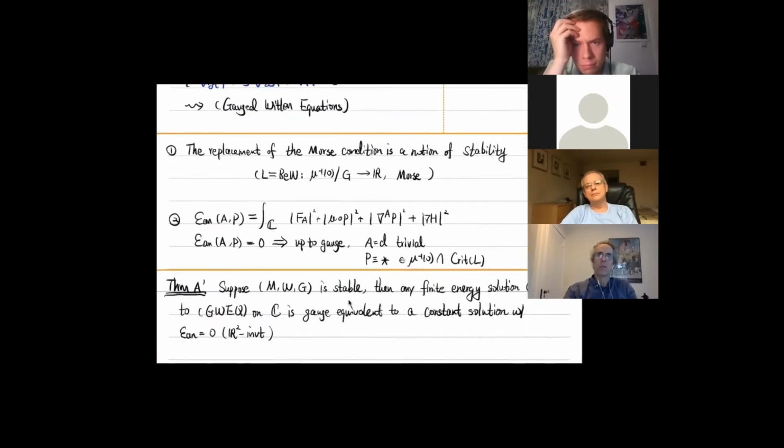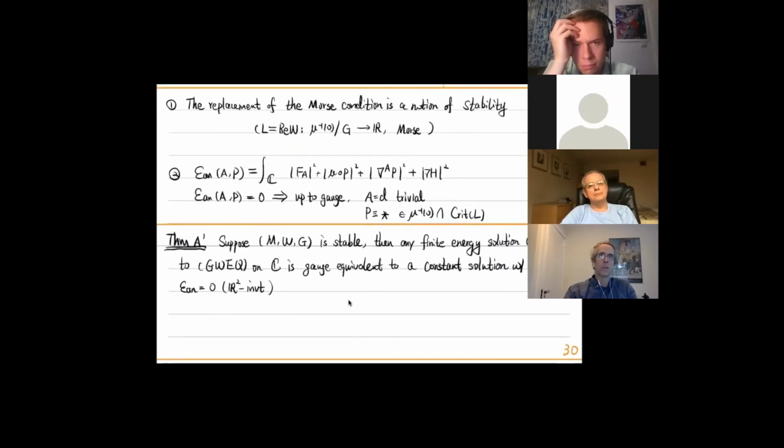And this question is answered by Theorem A prime. Suppose our gauged LG model is stable, then any finite energy solution to the gauged weighting equations on the complex plane is necessarily gauge equivalent to a constant solution with zero energy. Moreover, such a solution is translation invariant in two directions.